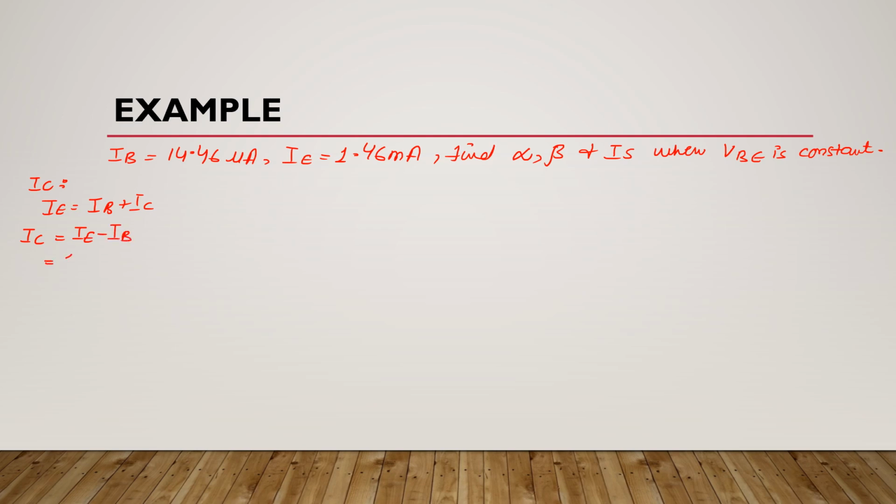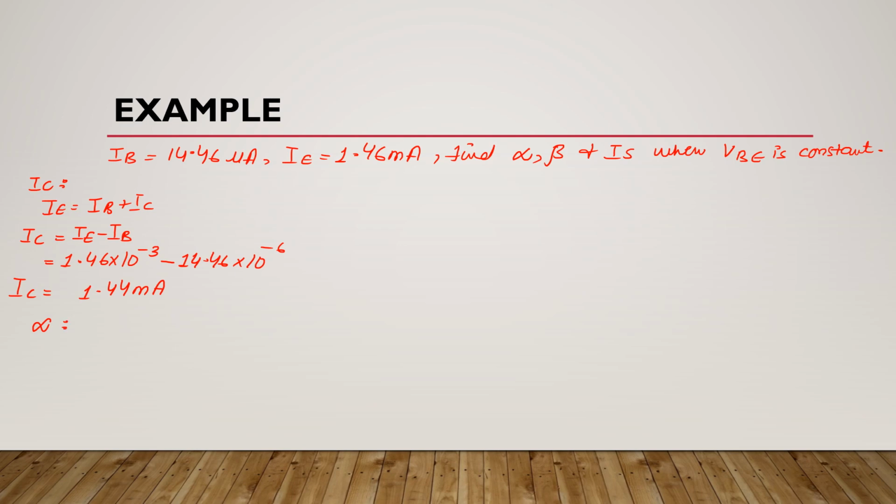We get 1.46 into 10 raised to the power minus 3 minus 14.46 into 10 raised to the power minus 6, and this will give you IC is equal to 1.44 milliamperes.